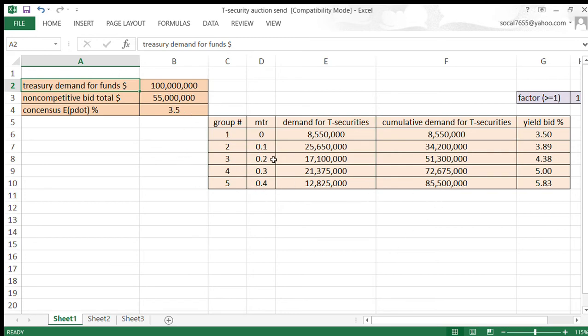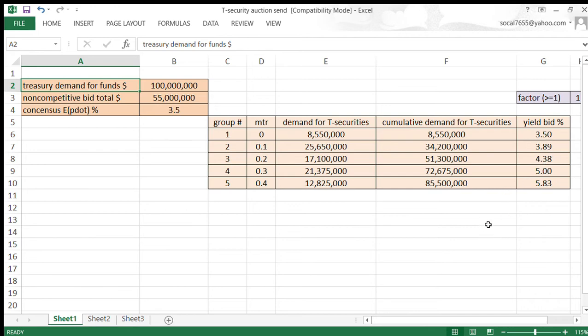So group 3 has a marginal tax rate of 20%. They demand 17.1 million. So now in total we have 51.3 million demanded. Their yield bid is 4.38% because if you have a pre-tax yield of 4.38% and you give 20% to the government, your after-tax yield will be the 3.5%.